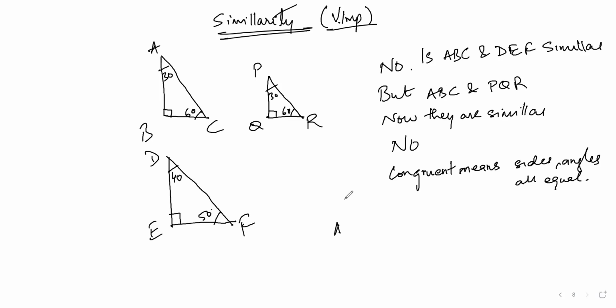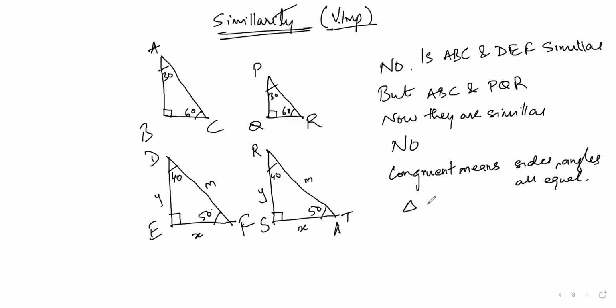Now, if I've given you another triangle, let's say RST, and this is X, Y, and M, and this is also X, Y, and M centimeters. Congruent means sides and angles are equal.